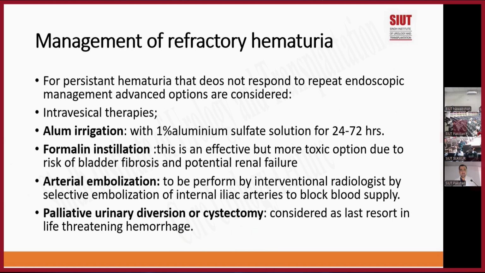Formalin instillation is an effective but more toxic option due to the risk of bladder fibrosis and potential renal failure. Arterial embolization is to be done by an interventional radiologist to embolize the internal iliac artery to block blood supply. And palliative urinary diversion or cystectomy is considered as a last resort in life-threatening hemorrhage.